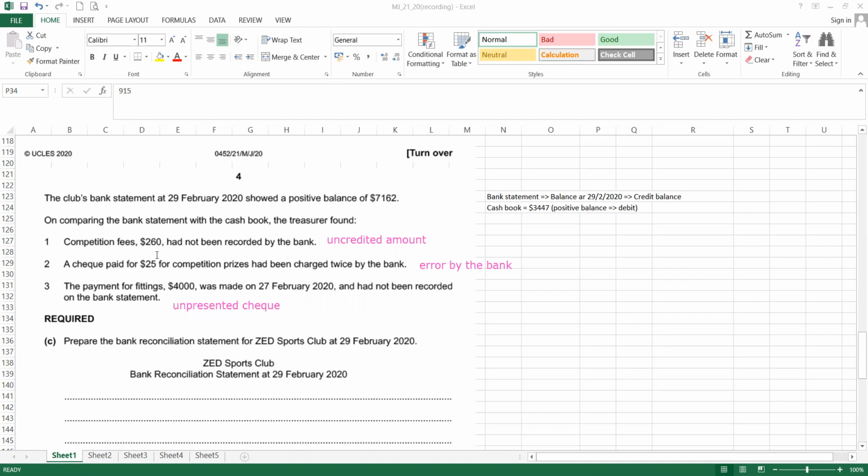Okay, so these three pieces of information show us that we must adjust in the bank reconciliation statement. The question says prepare the bank reconciliation, but they didn't tell us to start from the bank statement or the cash book, so you have two options. I start with the cash book first.